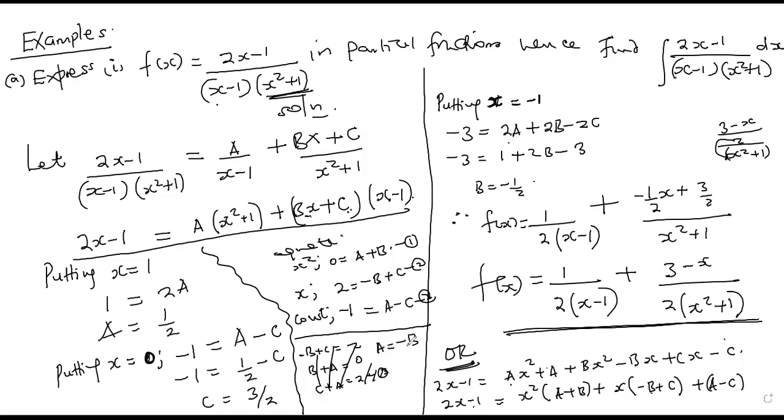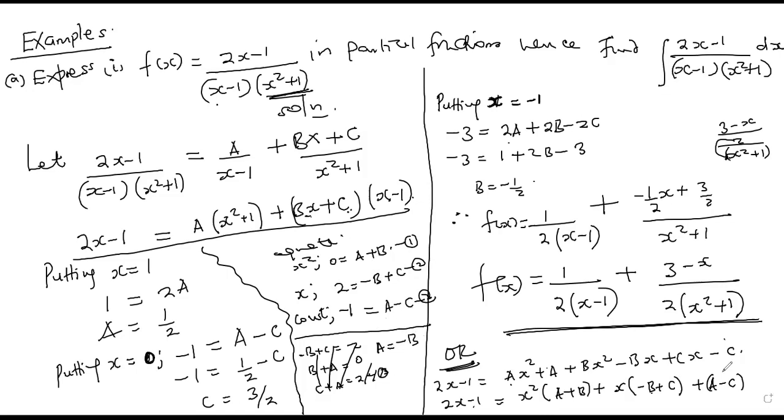Because if you substitute a as negative b, it means that where negative b is, you have a. So you will have 2 is equal to a plus c, and then you have negative 1 is equal to a minus c. So you can solve those. So still, you can solve the simultaneous equations. You will have the same answers.